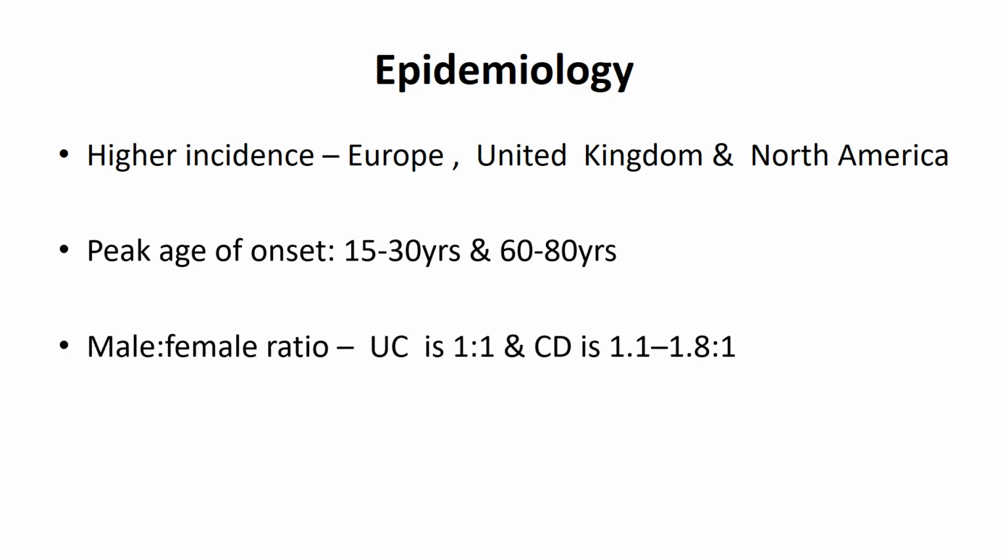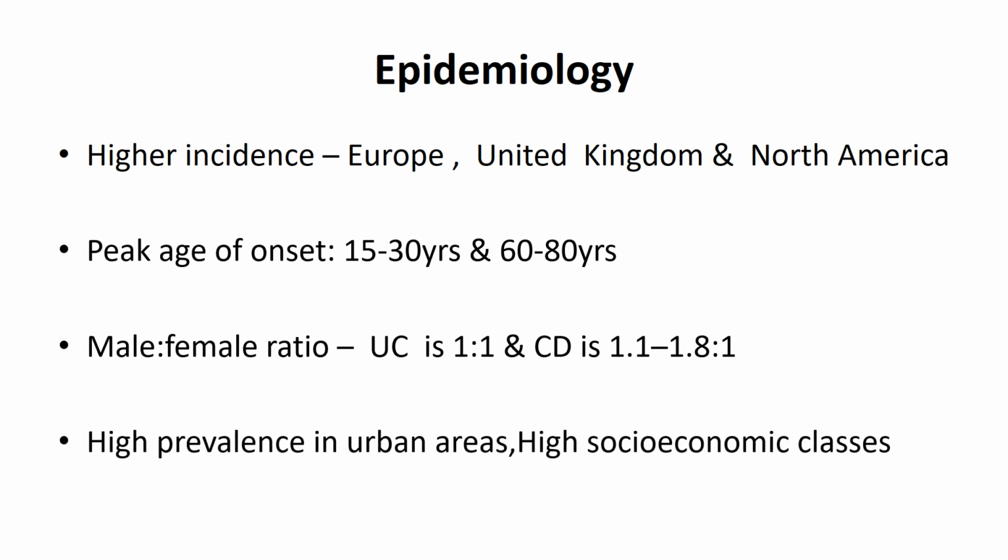When we talk about the male-female ratio, in ulcerative colitis it is about 1:1, and in CD, that is Crohn's disease, the incidence is somewhat higher in males, about 1.1 to 1.8:1 ratio. The prevalence is mainly in urban areas and in the high socio-economic group.